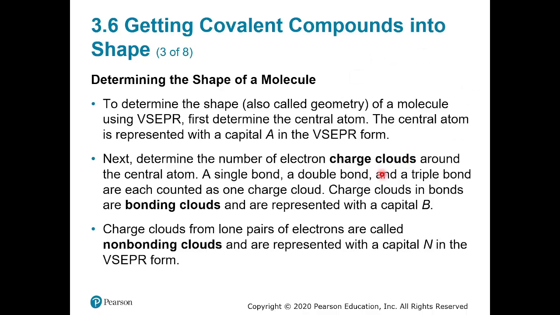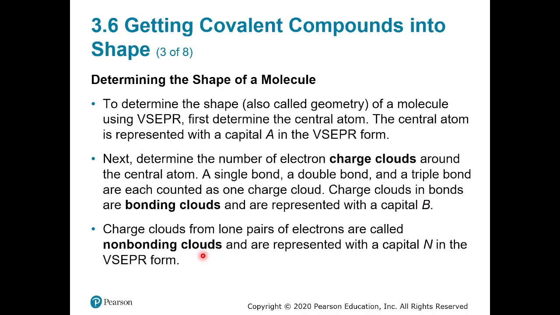Okay, now, when you're talking about these charge clouds or electron domains, we need to talk about bonding and non-bonding. Bonding clouds or domains are usually represented by a capital B, and these are ones that are contained within a bond. For example, the double, triple, and single bonds are bonding domains.